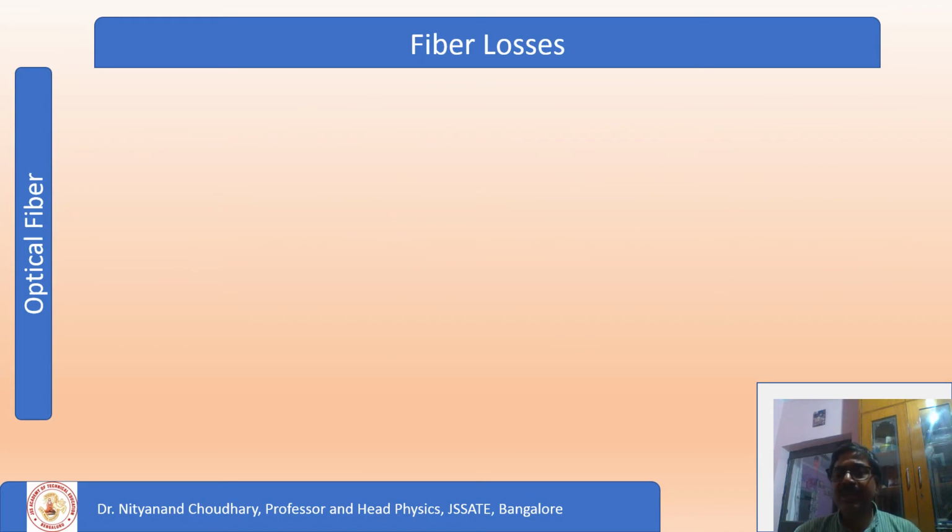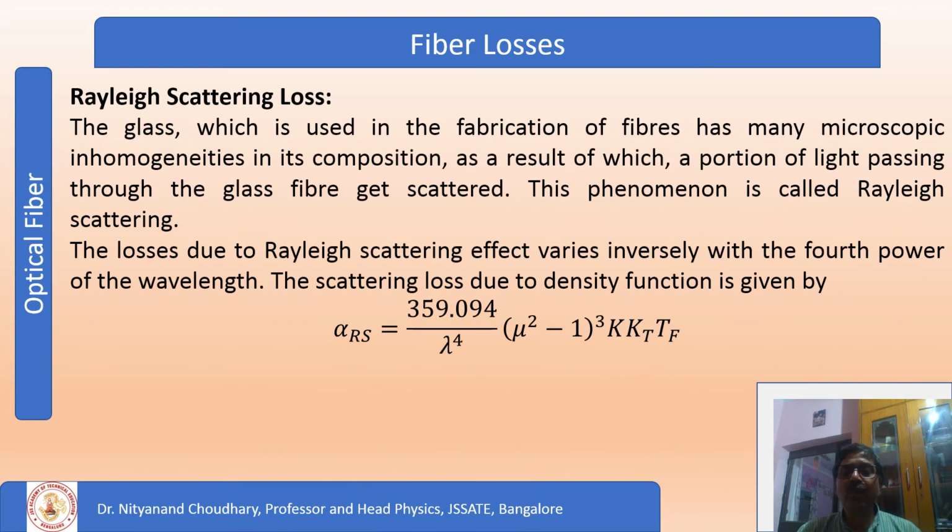Now let us see the next type, which is Rayleigh scattering. The curve that I had shown you here, according to your wavelength, the intensity, that is the absorption, varies like this. This is your maximum value and this is your minimum value.